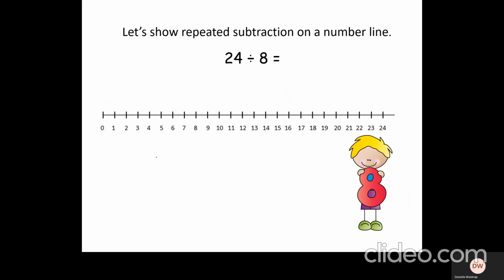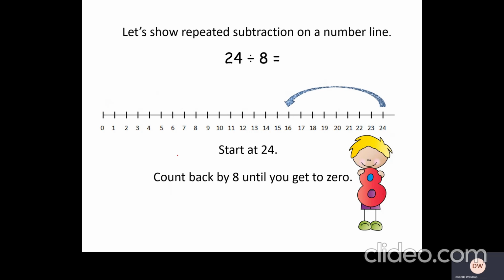Okay. Let's do one more. Let's show repeated subtraction on a number line. 24 divided by 8. What number are you going to start on? Good. We're going to start on 24. What are you going to subtract each time? Good. We're going to subtract 8 each time until you get to 0. So here we go. 1, 2, 3, 4, 5, 6, 7, 8, three times.